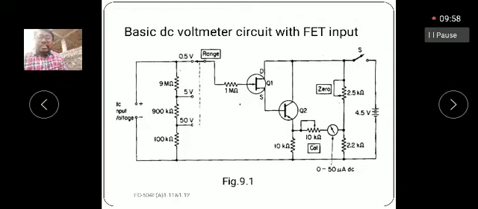One is the ranging attenuation section, the second one is the FET source follower section, and the third one is the bridge circuit.